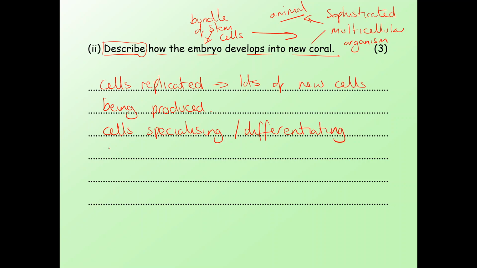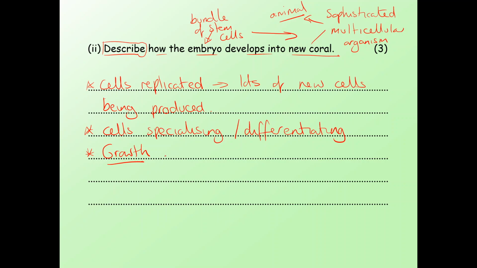And then perhaps we'd actually just talk about the fact that it must grow. Okay, so growth from an embryo into a new coral. Okay, so I've given you some bullet point statements there. What I would like you to do is to pause the video and try and take these statements into a more detailed answer. Okay, pause the video now and have a go at that.